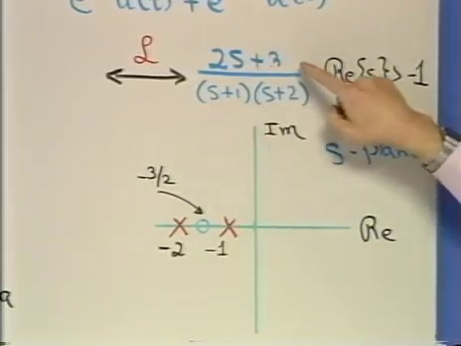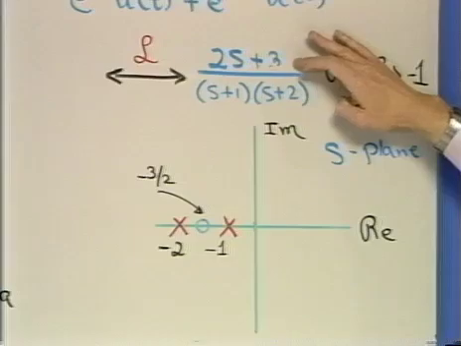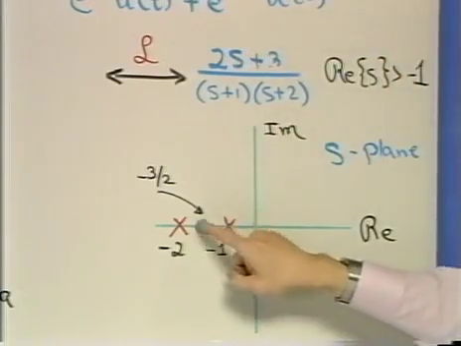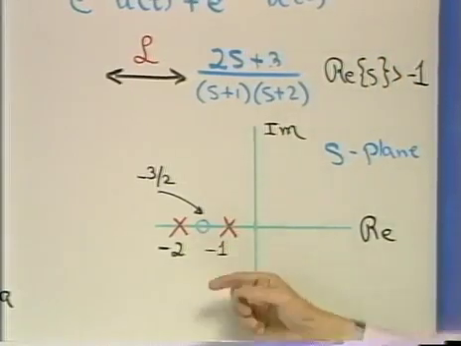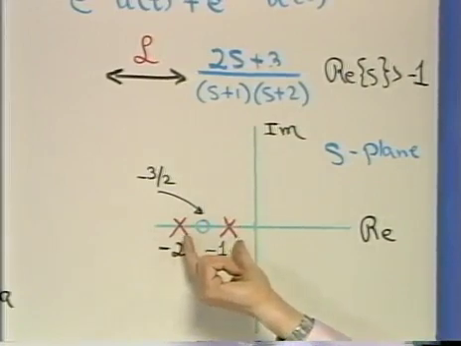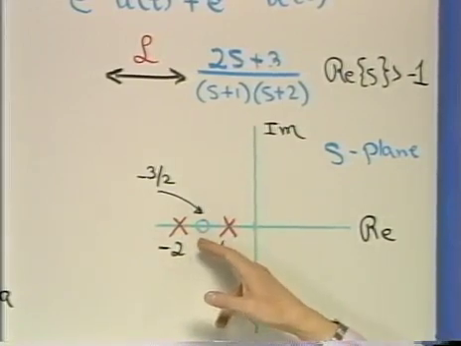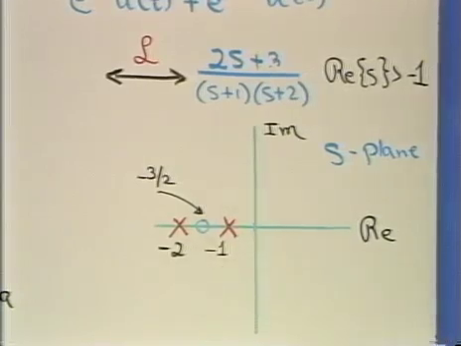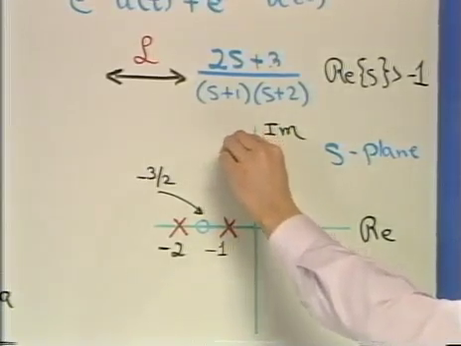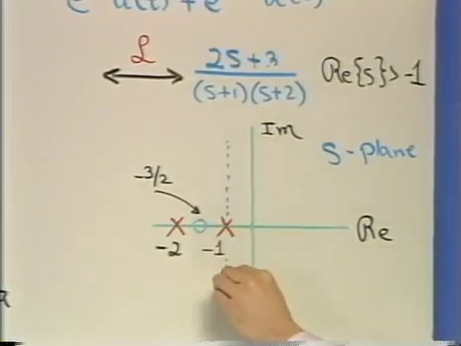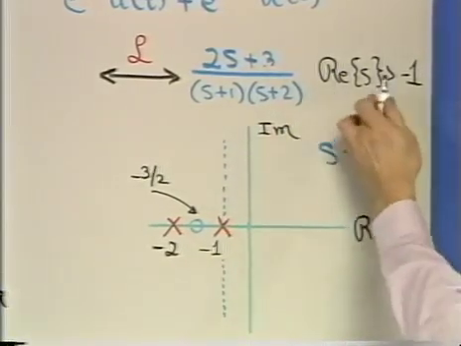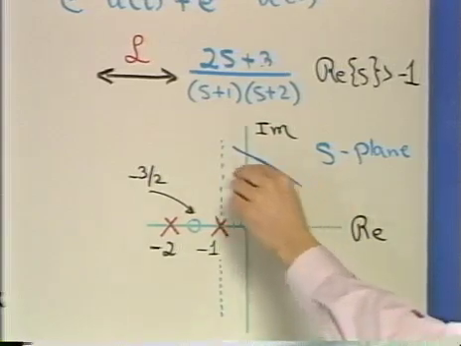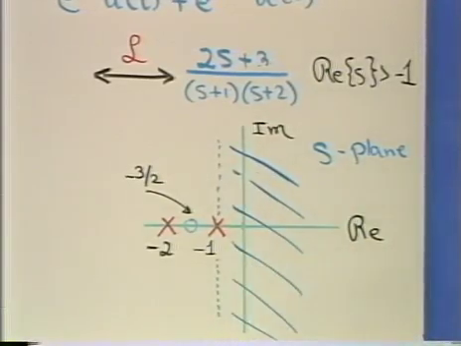The numerator polynomial has a root at s equals -3/2, and I've represented that by a circle. So these are the roots of the denominator polynomial, and this is the root of the numerator polynomial for this example. Also for this example, we can represent the region of convergence, which is the real part of s greater than -1, and that's in fact the region over here.